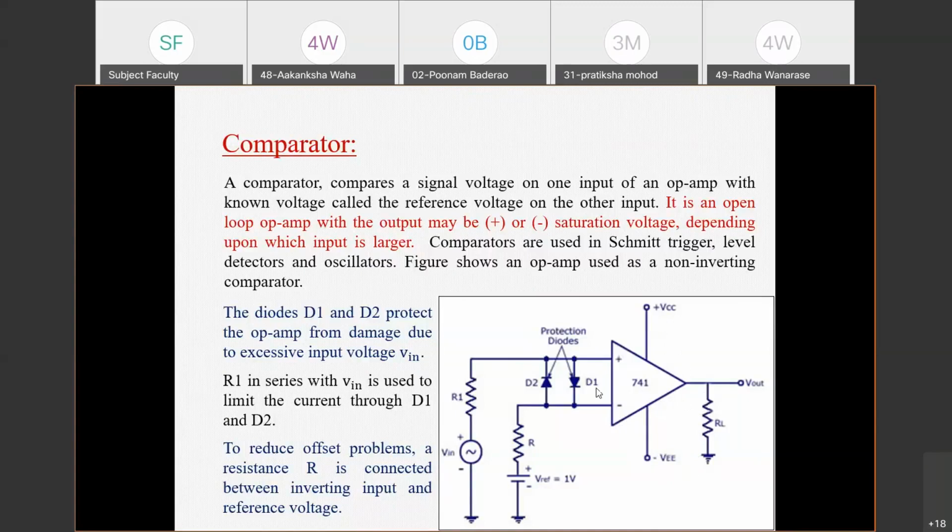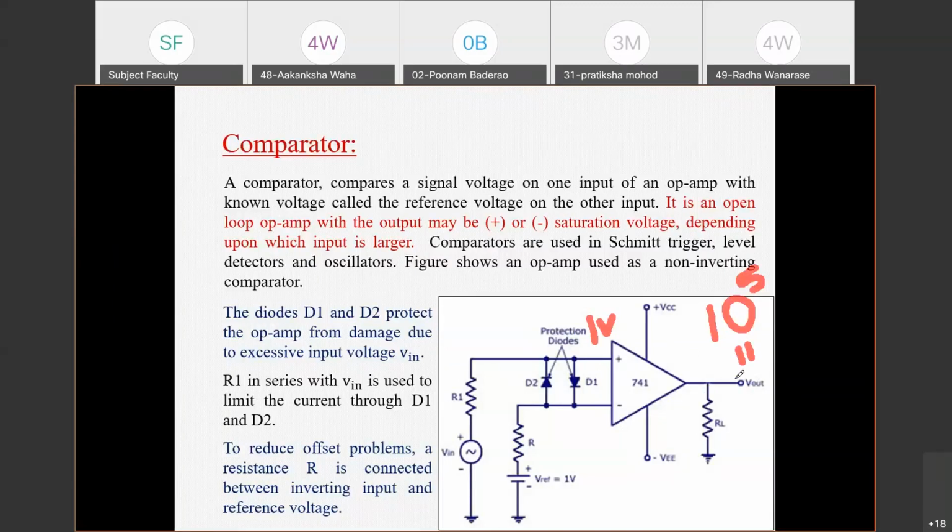Why? Because in open loop, we know that the open loop gain of the op amp is around 10 raised to power 5. Now what happens if the difference between the two inputs is, suppose, 1 volt? Then Vout should be 1 volt multiplied by this gain. That means your Vout should equal 10 raised to power 5 volts, which is not practically possible.